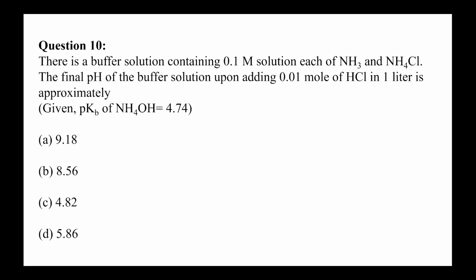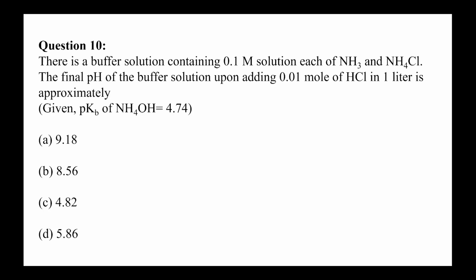There is a buffer solution containing 0.1 molar solution each of ammonia NH3 and ammonium chloride NH4Cl. Final pH of the buffer solution upon adding 0.01 moles of HCl in 1 liter is approximately. So there is a buffer solution containing 0.1 molar solution each of NH3 and NH4Cl.